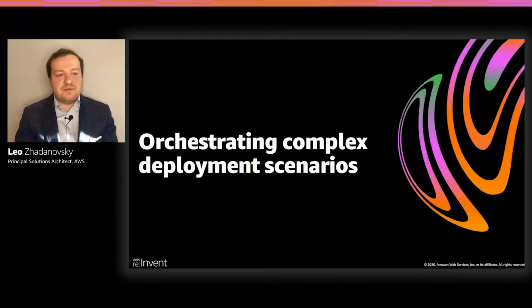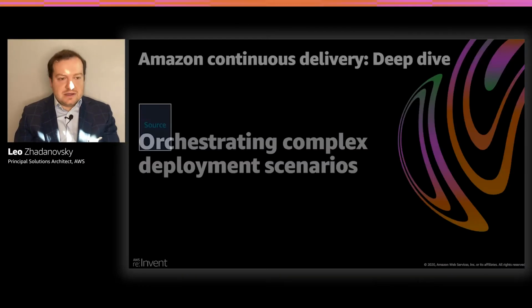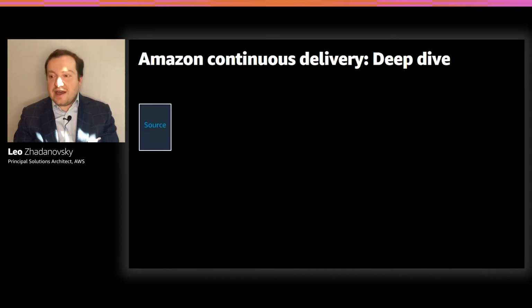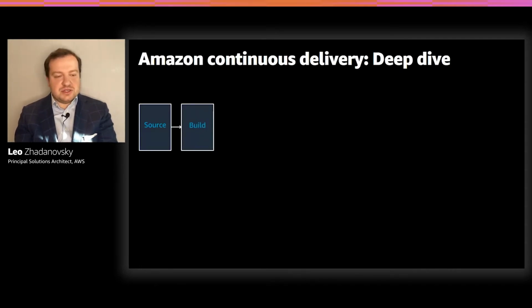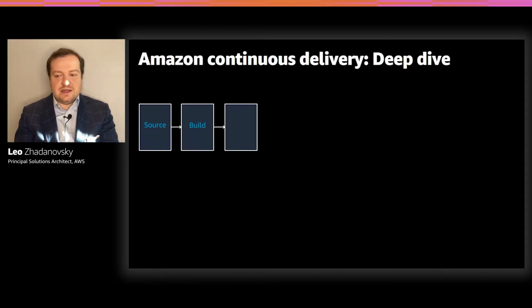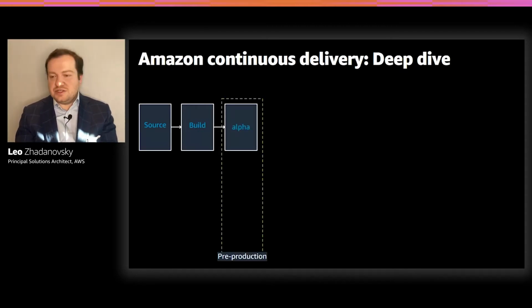So let's talk about some scenarios for orchestrating complex deployments. This is actually how Amazon does their continuous delivery. We've got the source code, and then the developer builds their source code, and then you go to pre-production. We'll call this environment alpha.